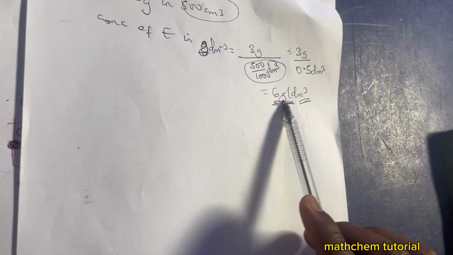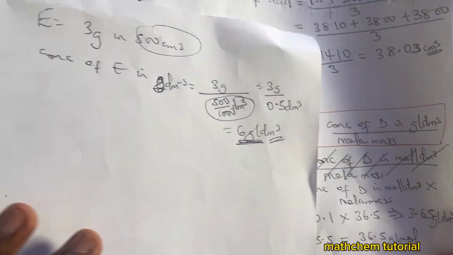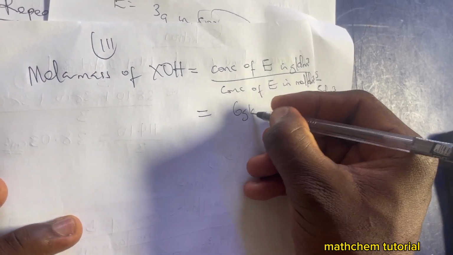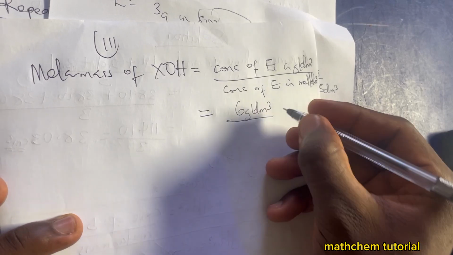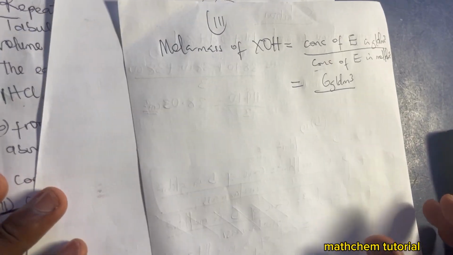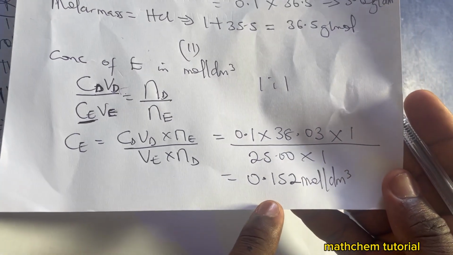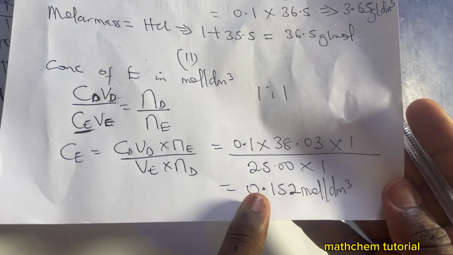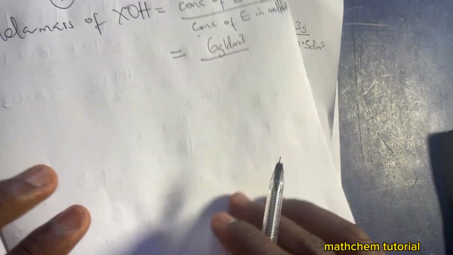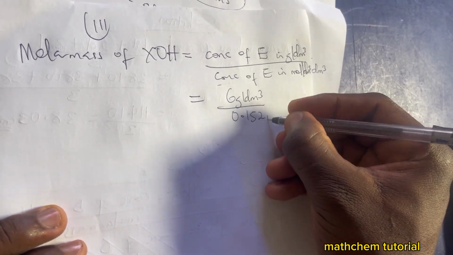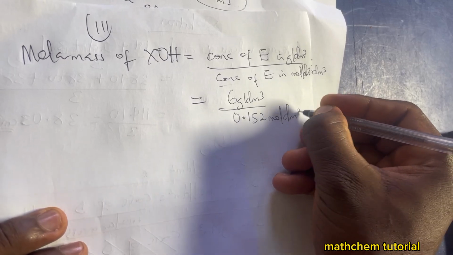So this is going to be 6 gram per dm cube all over concentration of E in mole per dm cube. That is what we got here, 0.152 mole per dm cube.